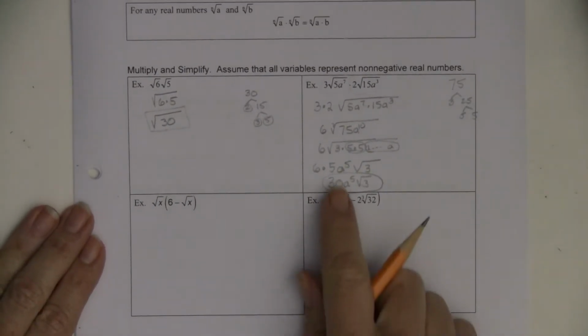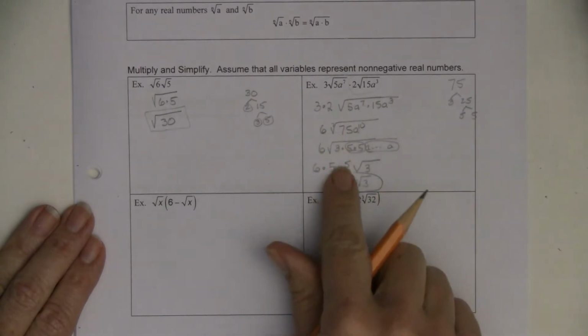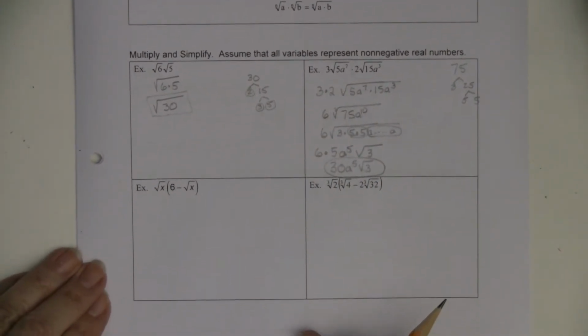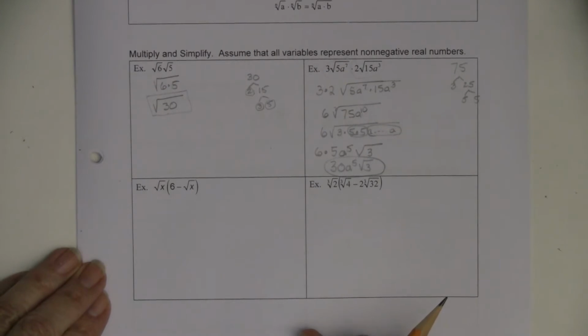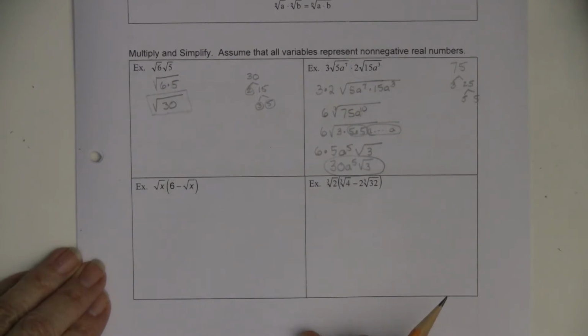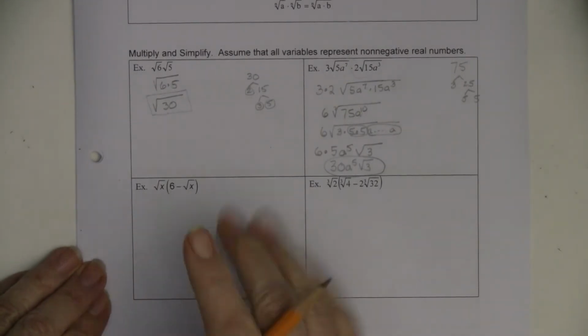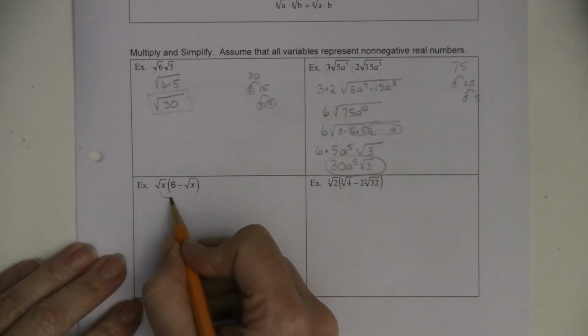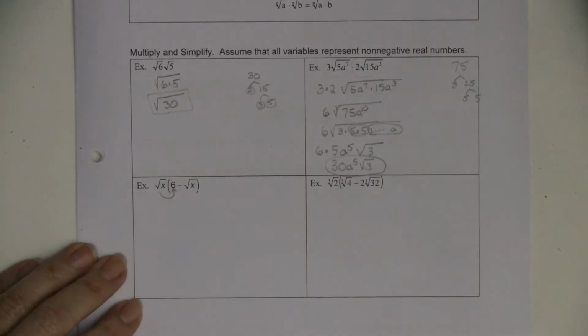Here, I didn't have to worry about absolute value because the variables are non-negative, right? I would have had to worry about absolute value had it not said they were non-negative. When I multiply these together, right here, 6 times the square root of x, I have to do the distributive property.